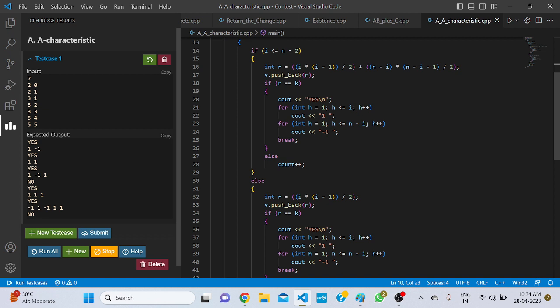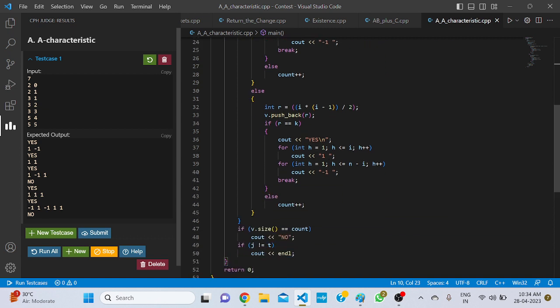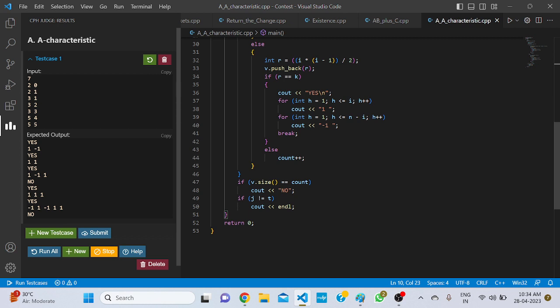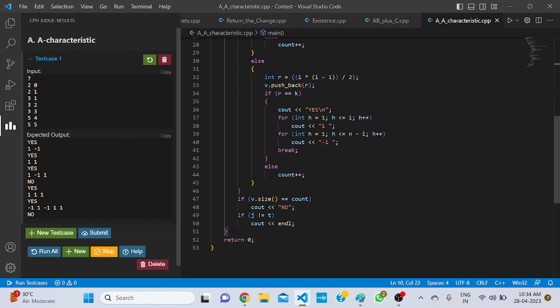If k is not in the vector, similarly here, we will count 1. Now if k is not in the vector, then our count becomes equal to the size of the vector.